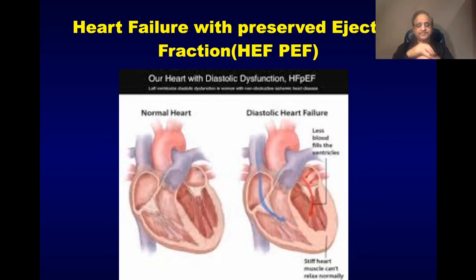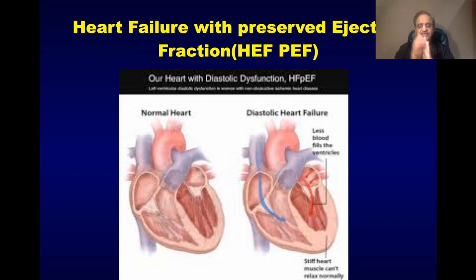And now see on the right side of the picture, the ventricle is hypertrophied. There is no left ventricular dilatation and there is no increase in left ventricular end-diastolic volume. Rather, the amount of blood in the left ventricle at the end of the diastole is less.